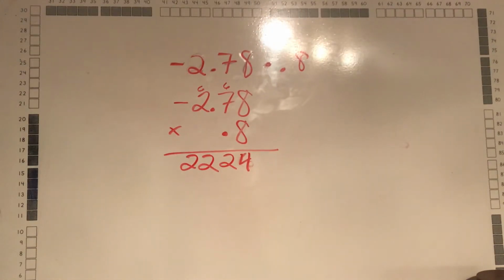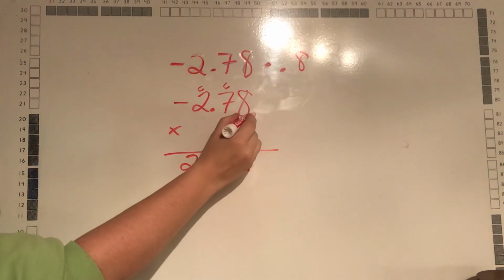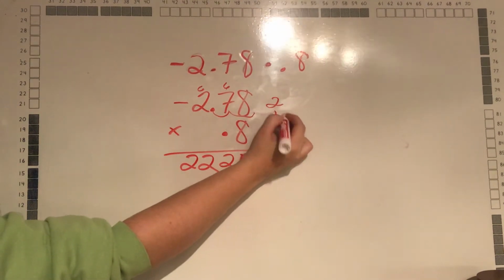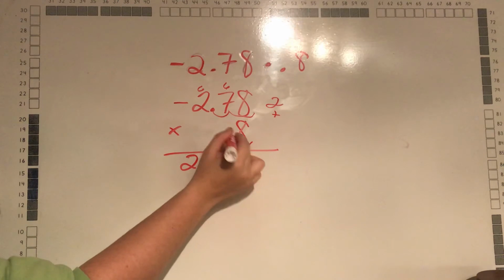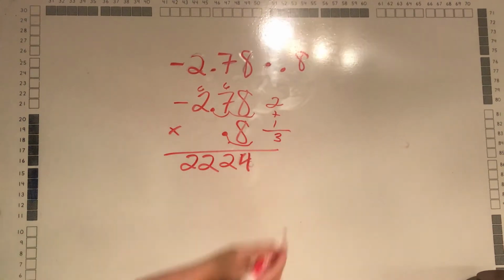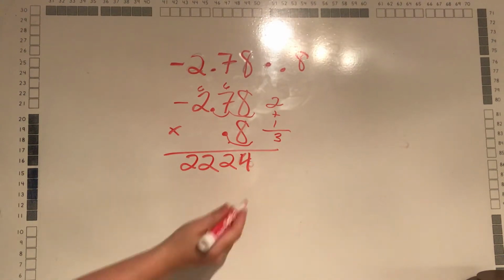Now, where do we put our decimal? On the top factor, we have 2 decimal places. On our second factor, we have 1, which leaves us with a total of 3 decimal places. So we come down to our answer.